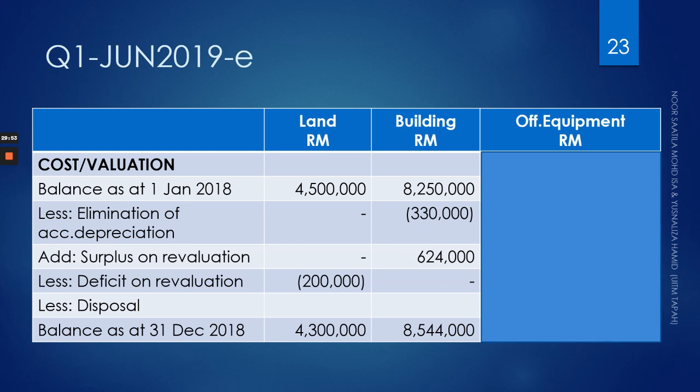And the surplus is where you debit your building and you credit your surplus on revaluation. So when you debit, you need to debit the building. Here you credit the building, that's why you deduct. And the total balance here is reflecting the revalued amount, which is the fair value given in the question.